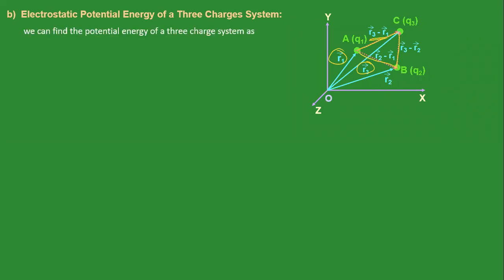Now, we have to find out electrostatic potential energy for this three charge system. So this is the formula for electrostatic potential energy.